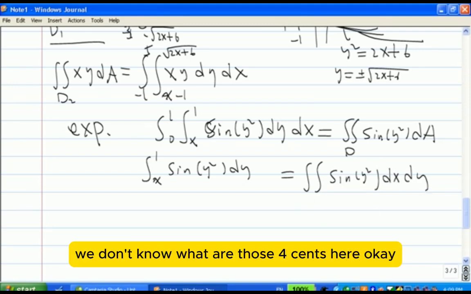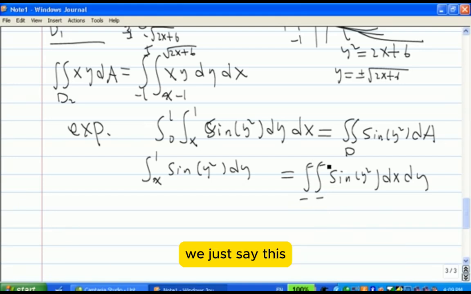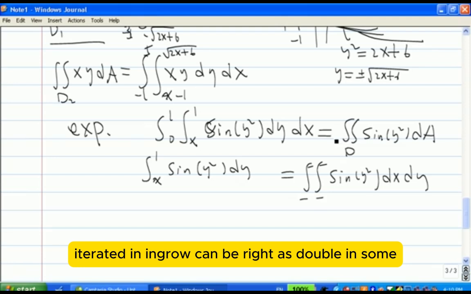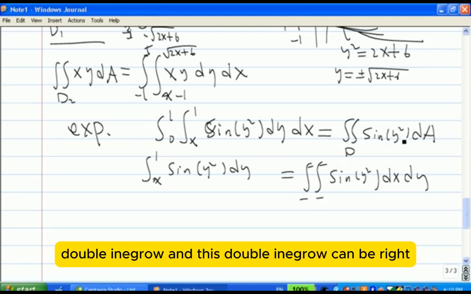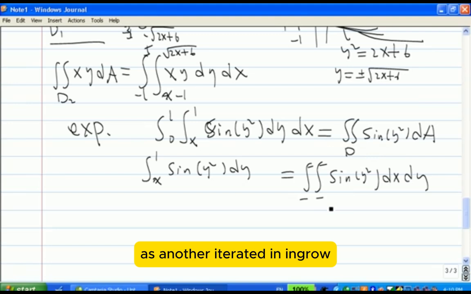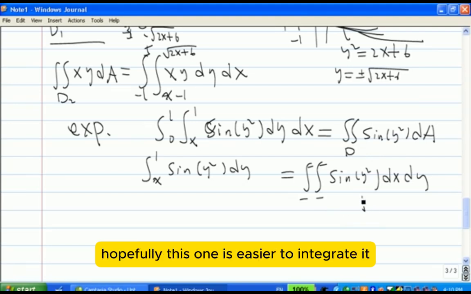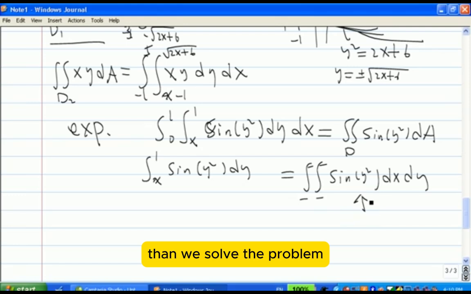We don't know what those four limits are. We just say this iterated integral can be written as some double integral, and this double integral can be written as another iterated integral. Hopefully, this one is easier to integrate, then we solve the problem.